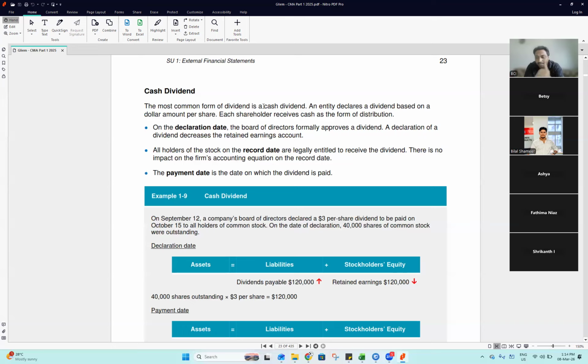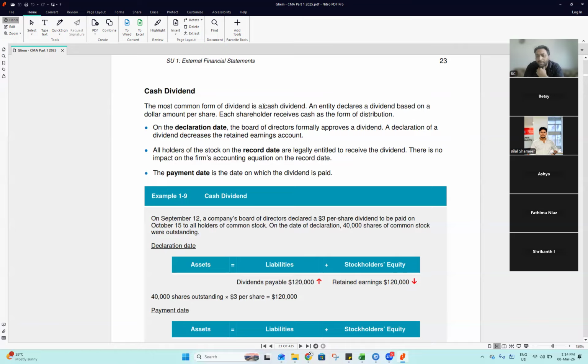Clear? For example, March 31st is the date the company declares as the record date. Then on March 31st closing, whoever is our shareholder will get the dividend. The company will take the list of shareholders on that date from the stock exchange, and only to those people will the company pay the dividend.